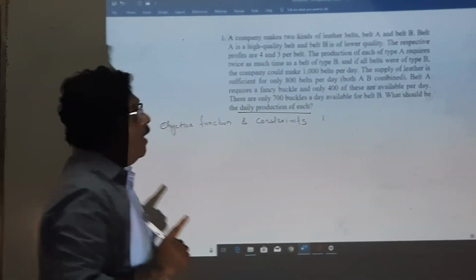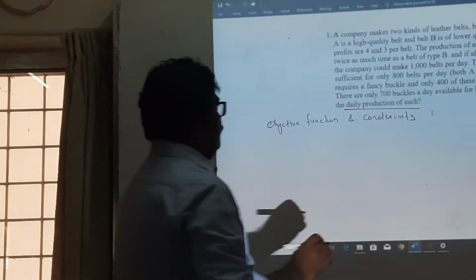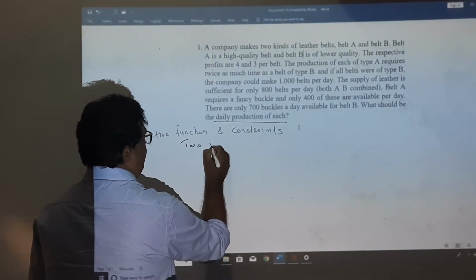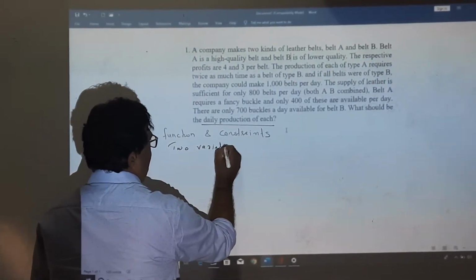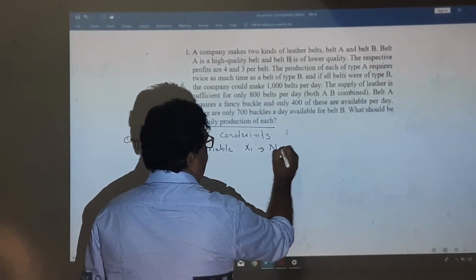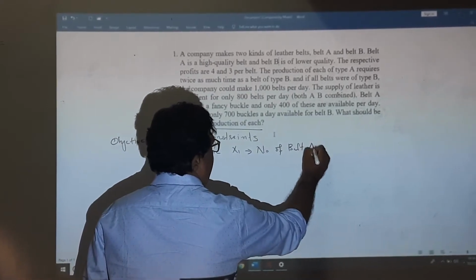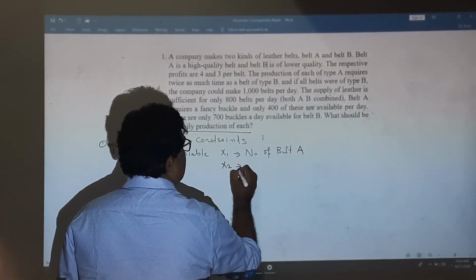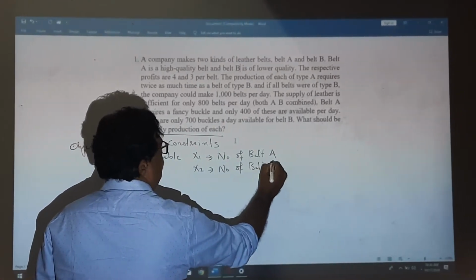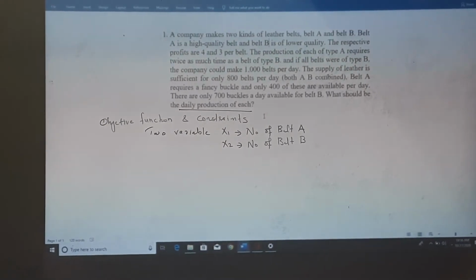And we have two types of belt, A and B. So what we need is two variables. X1 represents the number of belt A and X2 represents the number of belt B. So this is the first part of the thing.